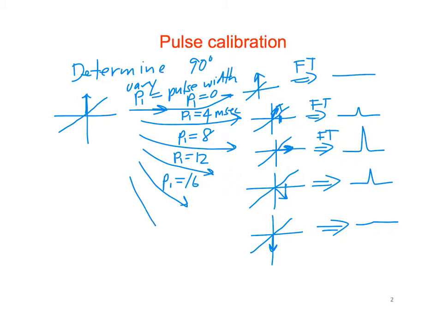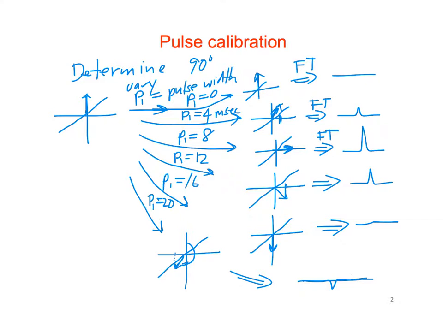If we went even longer, P1, I'm going by 4s, equals 20, it would go all the way around to over here. Now it has some component in the minus direction. So with the Fourier transform, we would start to get a negative peak, and it would start to grow negative.